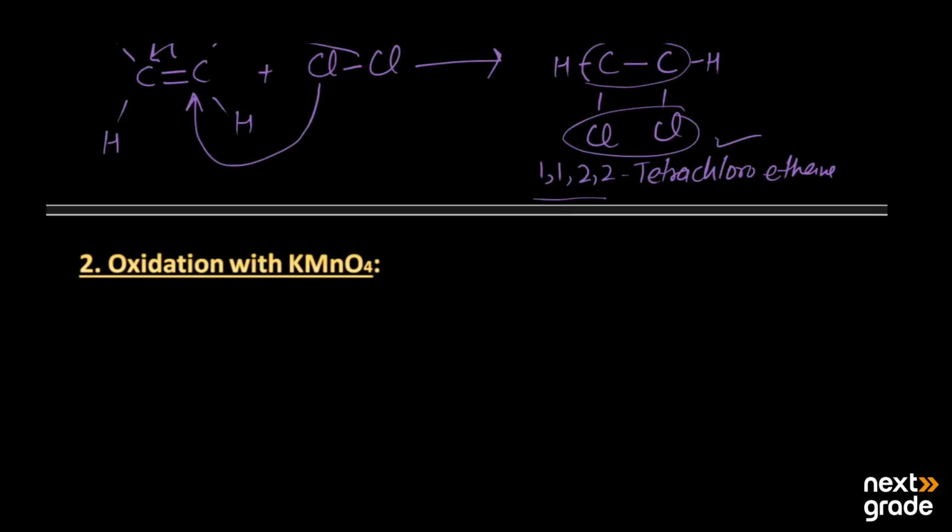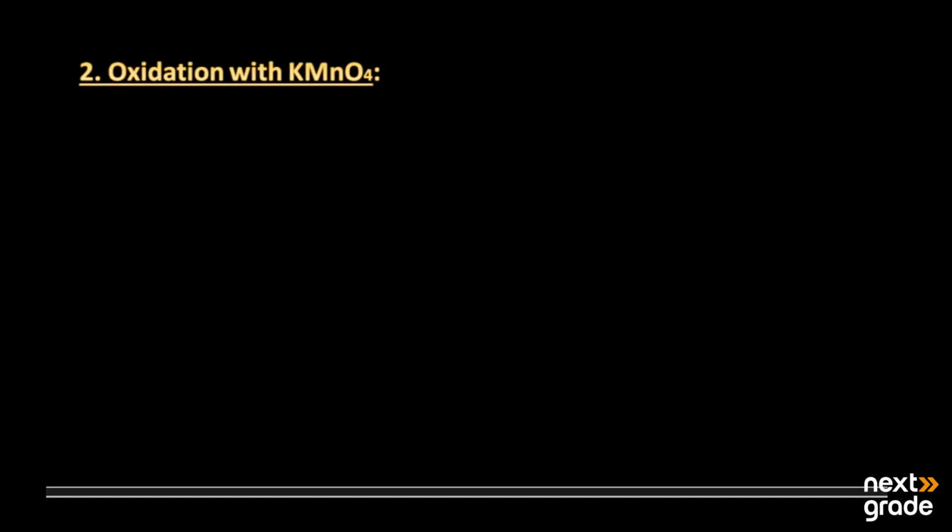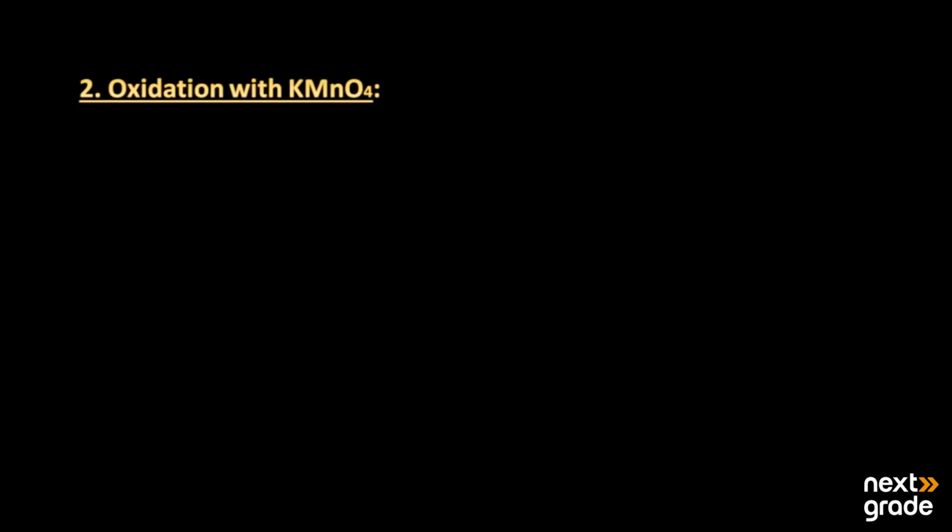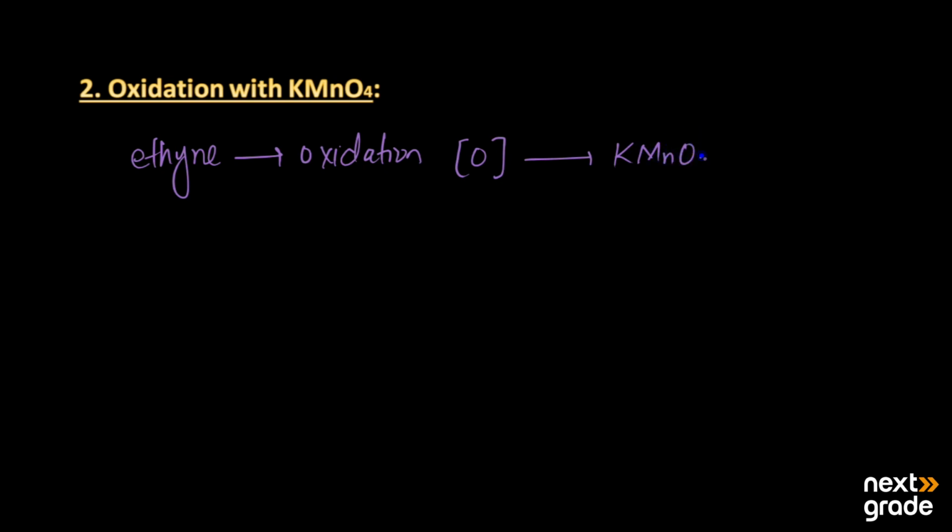Next we have the second reaction. It is the oxidation with KMnO4. The simple ethyne undergoes oxidation, and that oxidation takes place with nascent oxygen in the presence of KMnO4, and as a result we get oxalic acid.